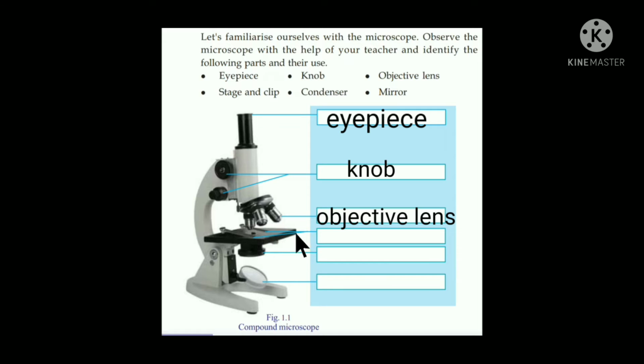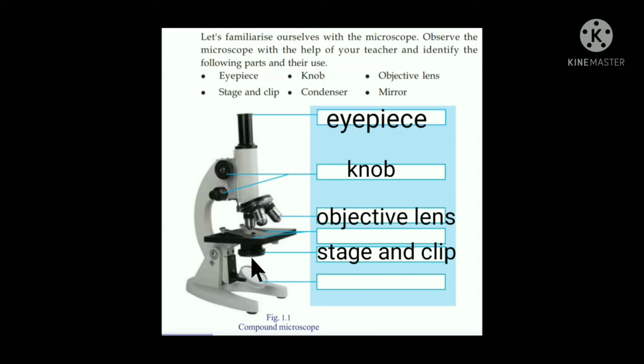Then this is the flat surface on which the object is placed. And there are two things also to fix the object at the correct place. Can you name this? It is stage and clip.